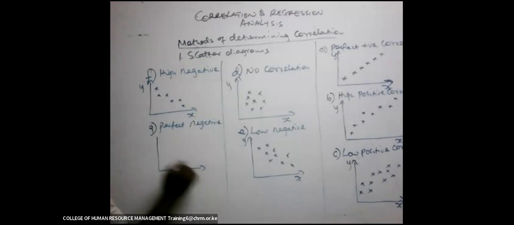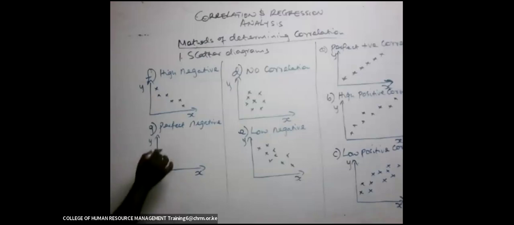Then lastly, G, it is the perfect negative, sorry. The perfect negative correlation. The Y and the X, they are negatively sloping and they appear to be making a straight line.